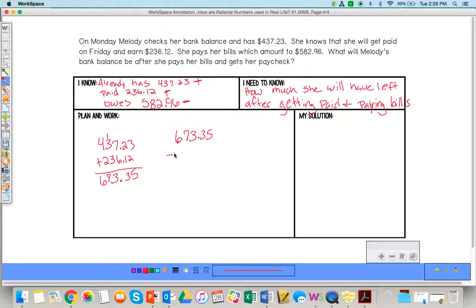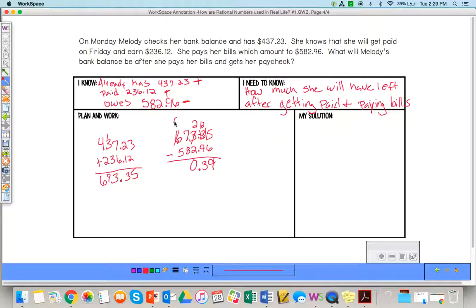Okay, so then that is the amount that we're going to take the bills out of. So we are going to subtract $582.96. Okay, so we have to take from over here. Okay, so 15 minus 6 is 9. 12 minus 9 is 3. 2 minus 2 is 0.